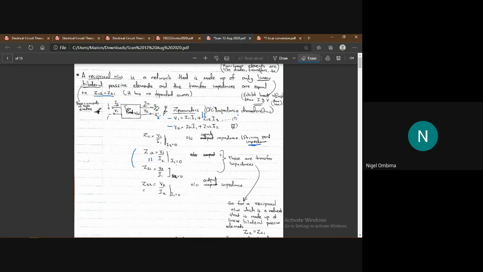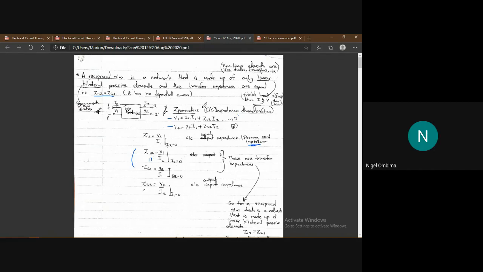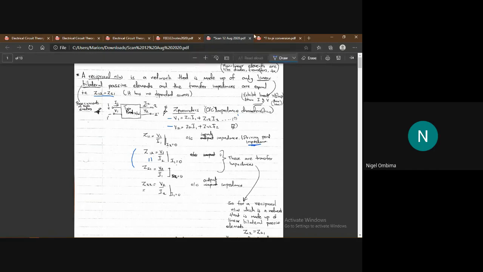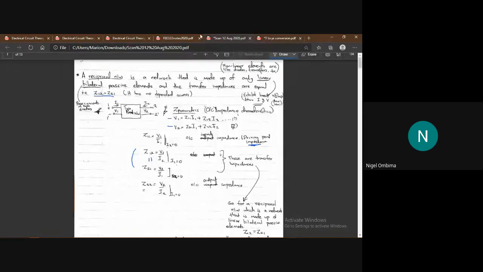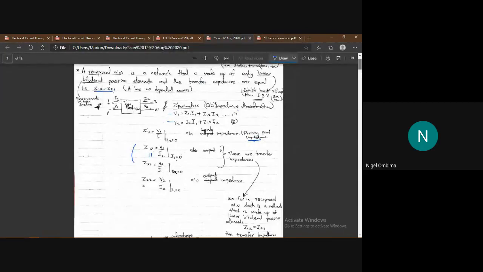Now for iterative impedance, it's the opposite. The output of this will go to the input of the next two-port network, and the output of the next two-port network will go to the input of the next two-port network. That's the difference between iterative and image impedance. Back to our question.